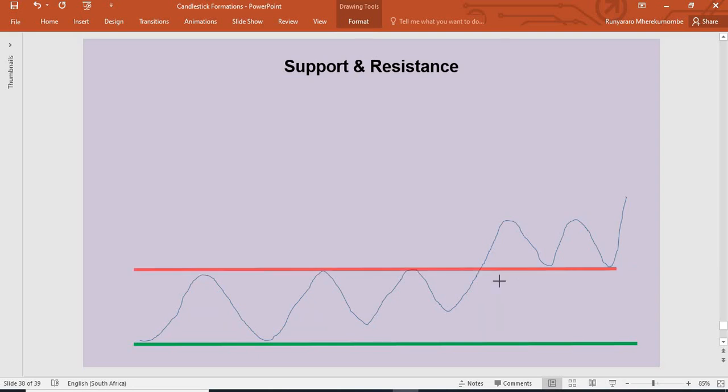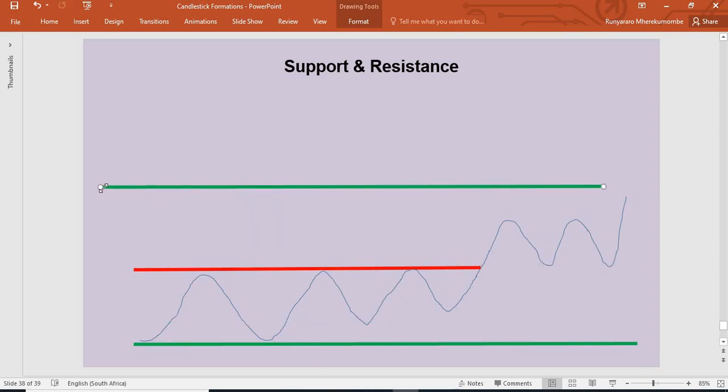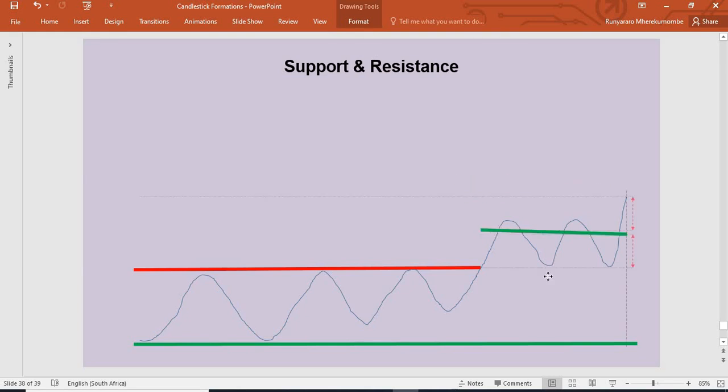So what do we need now to do? We need to say this is a valid resistance line up to that point. Now when we go over to the next point, how do we define it? In this instance, we now draw another line here.